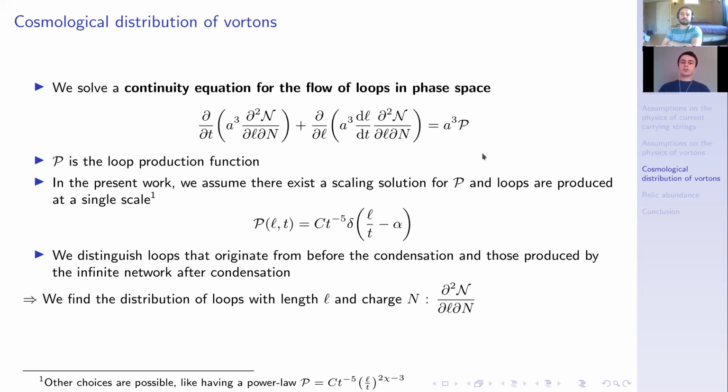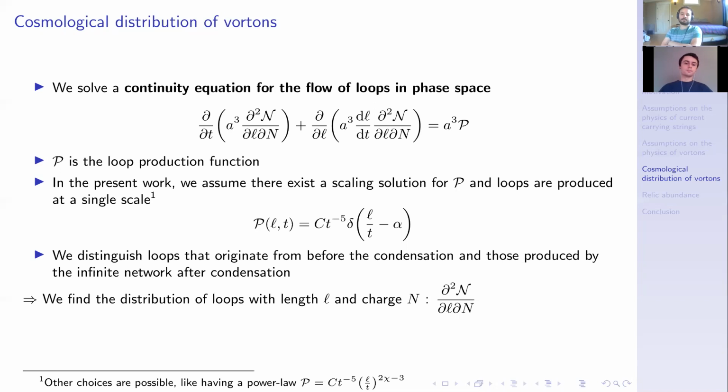So here in the study, we make a simple assumption that there exists a scaling solution for this loop production function, and that it is given by this Dirac distribution, stating that at a given time, all the loops are produced at the same size. Of course, you can think of more elaborate models, like having a power law, but in this study, we keep it simple.